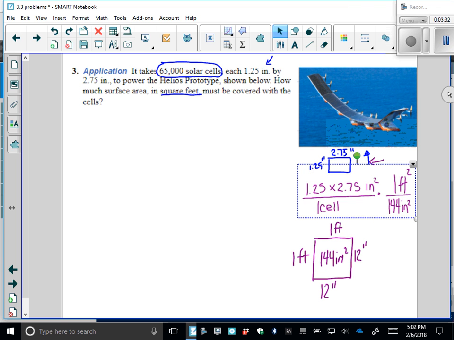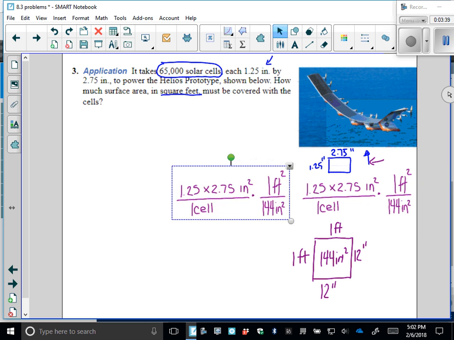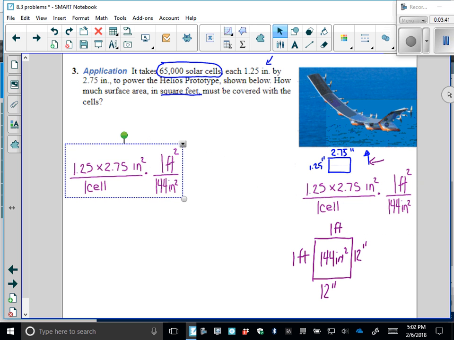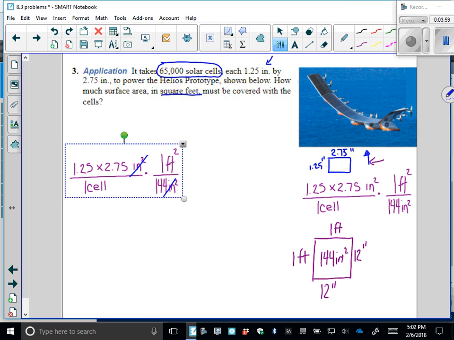So I'm going to take this information here and say that 1 square foot, well, that my units right here that I'm left with are square feet per cell.